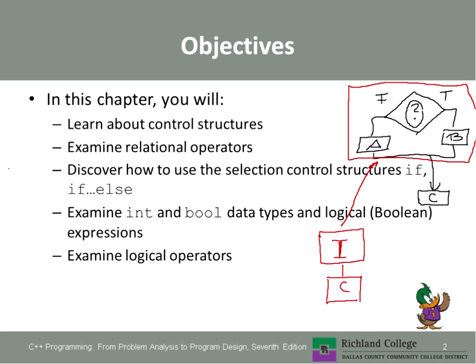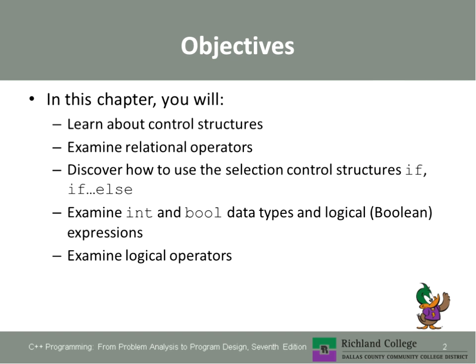But C has nothing to do with the selection statement. So C just becomes another sequential box in this two-sequence structure. Okay, so we have I and C, where I is a selection statement. So that's going to be important for us to understand as we move forward.